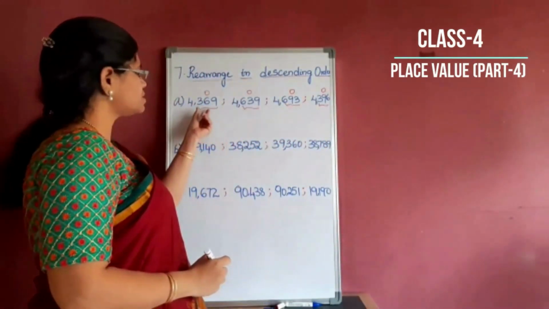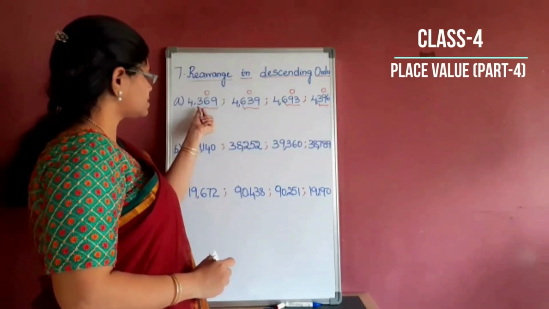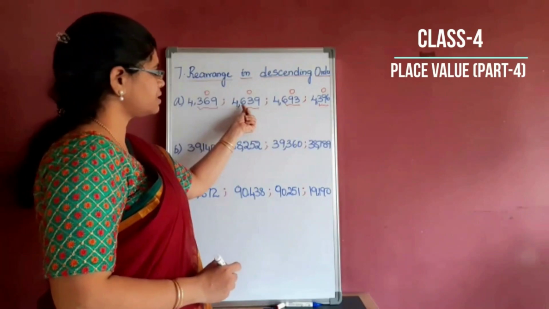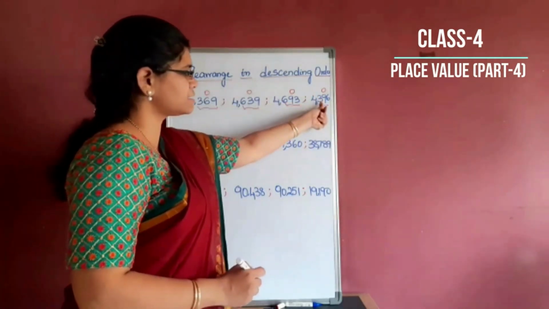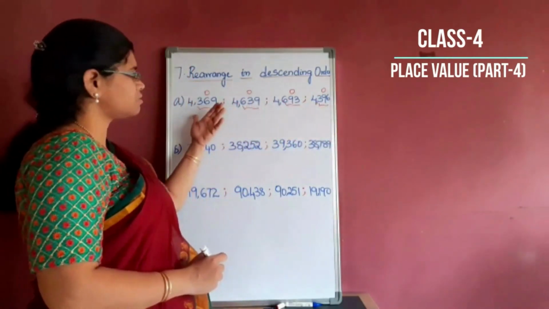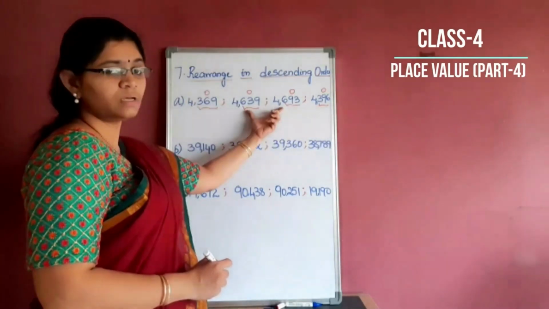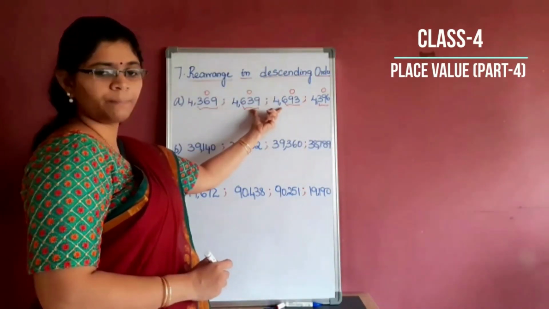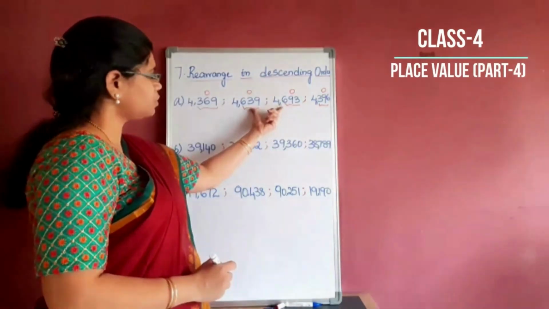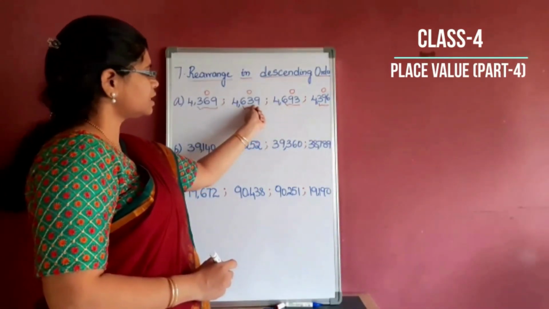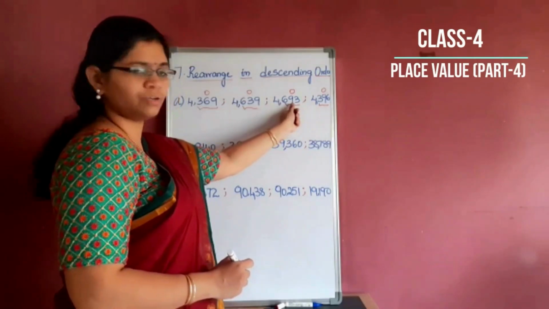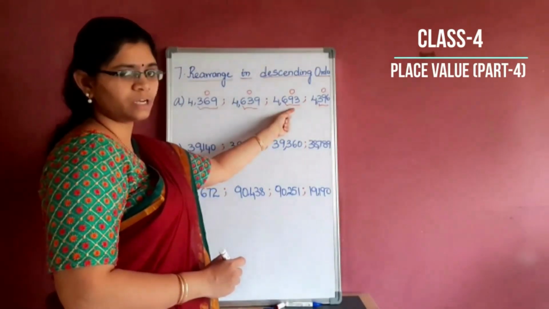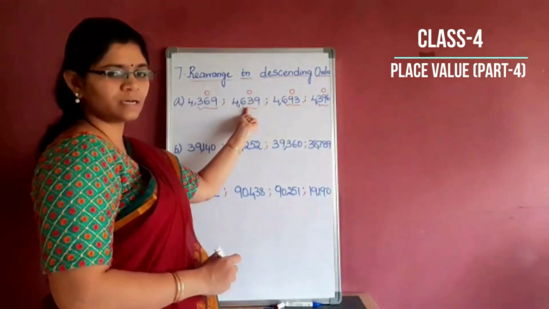Now which is the bigger one? This is in 600s, this is in 300s, this is in 600s, this is in 300s. We have two numbers in 300s and two numbers in 600s. So greater one we want, so we have to compare among these two first. Among these two, this is 39 and this is 93. Which is greater, 39 or 93? 93. So this comes first and this comes second.